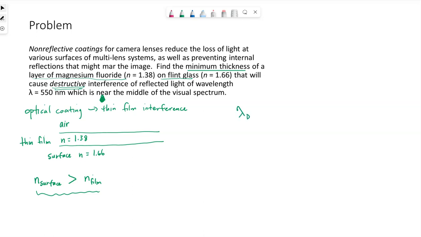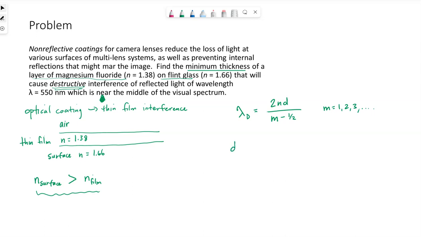So let me grab the lambda sub d, the wavelengths that will destructively interfere. So if n of the surface is greater than n of the film, lambda sub d is 2nd over m minus 1/2, where m is 1, 2, 3, 4, and so forth.